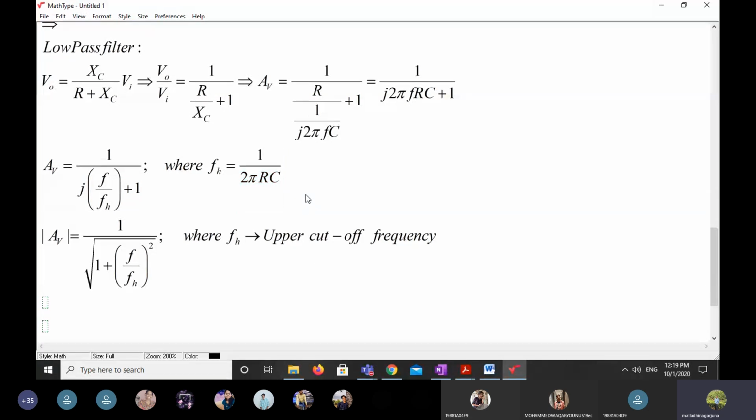Both are looking the same, FL and FH, 1 by 2 pi R C. But in a circuit diagram, the high pass filter will be at the input side and the low pass filter will be at the output side.